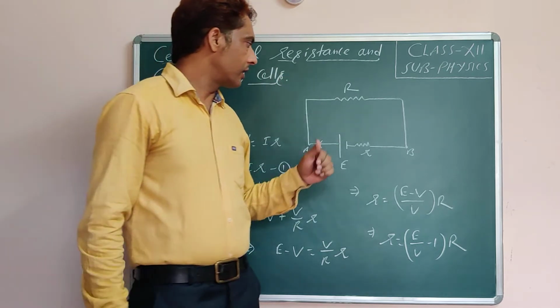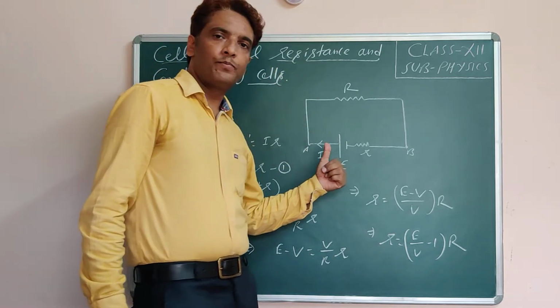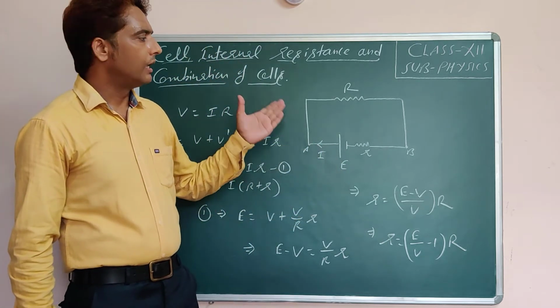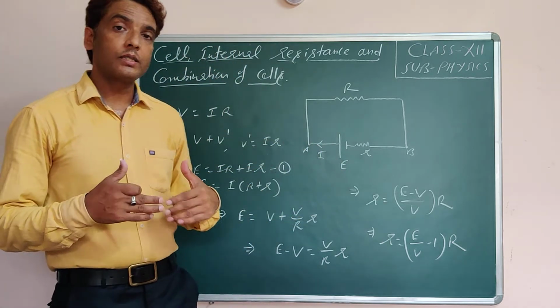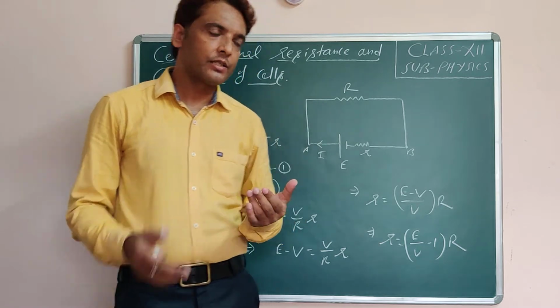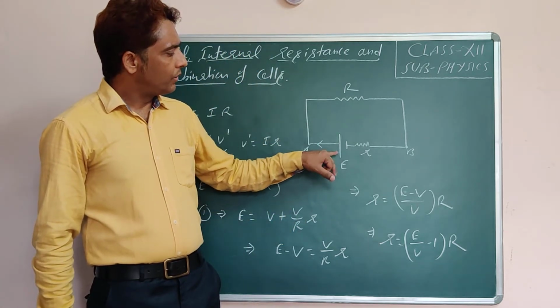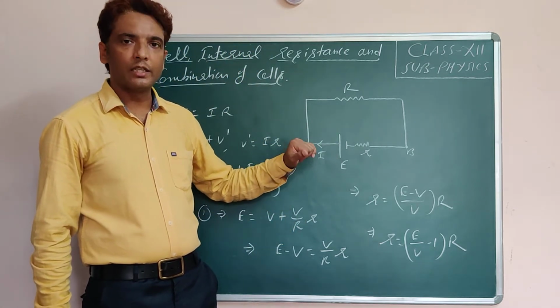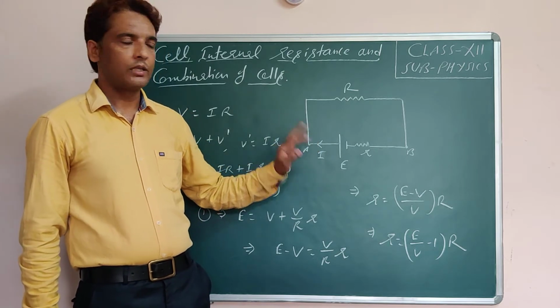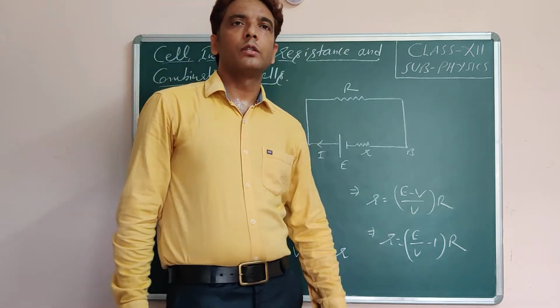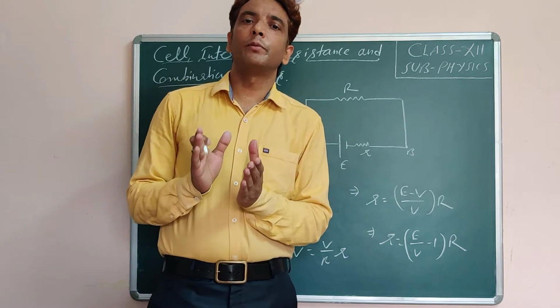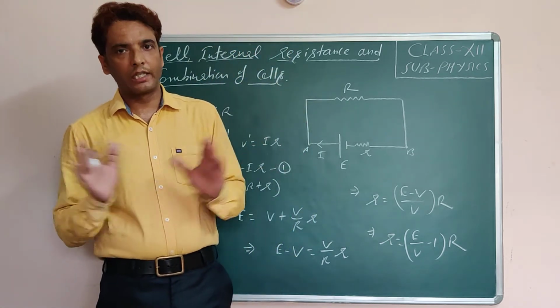So when current is drawn from the cell, potential difference is less than the EMF, and when the cell is charged, in that case potential difference is greater than the EMF of the cell. So it's not that potential difference is always less than EMF, it can be less than or greater than.